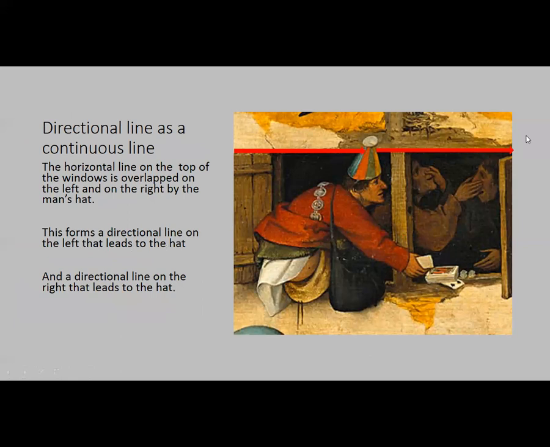And then on the right, same thing happens. We start over here and we run along the top of the window. We look down at those guys and say, what the hell are y'all doing? And then we end up at this guy's hat. So this is a directional line that leads us from one part of the window to the hat, from one part of the window to the hat.